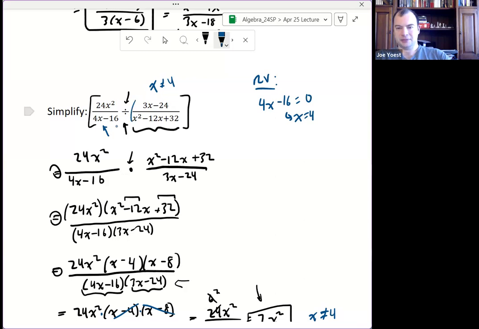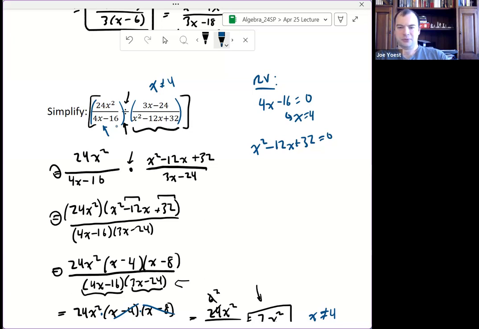I have a second fraction, this one here, 3x minus 24 over x squared minus 12x plus 32. This has a 0 in the denominator anytime that x squared minus 12x plus 32 equals 0. So I have a first fraction. We have restricted values anytime the first fraction's denominator is 0, which is when x equals 4. We have a second fraction that we're looking at here. Anytime its denominator is 0, we also have a restricted value.